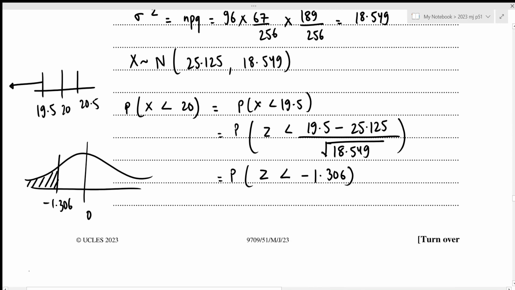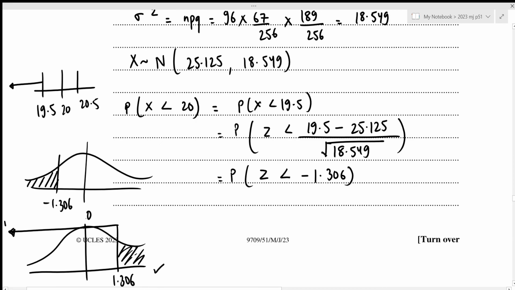So if we flip the curve, this probability should be equal to greater than positive 1.306. And we can calculate it by subtracting the probability less than 1.306 from the total probability of 1. And we do this because the table only gives the values for less than of positive values, not the negative values. So 1 minus probability of Z is less than 1.306.